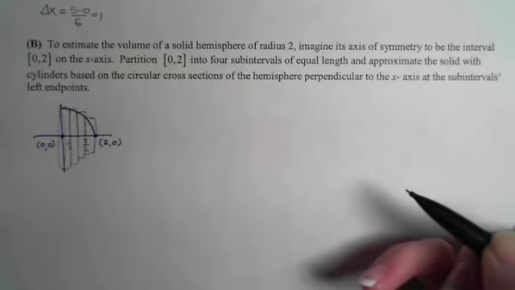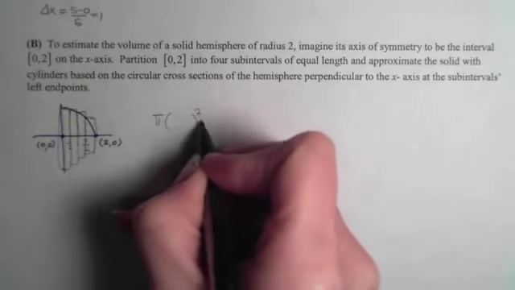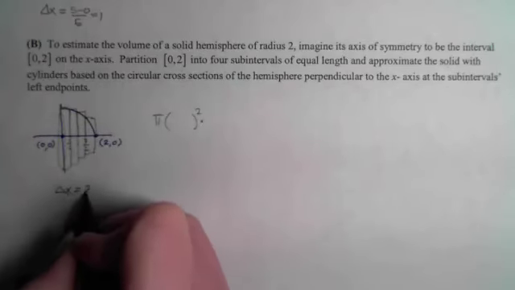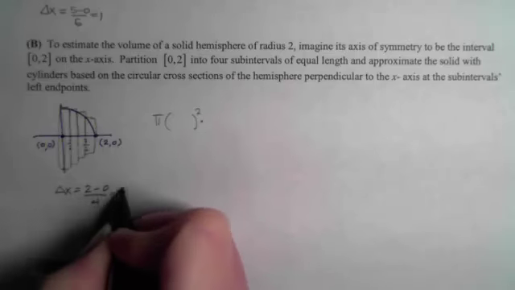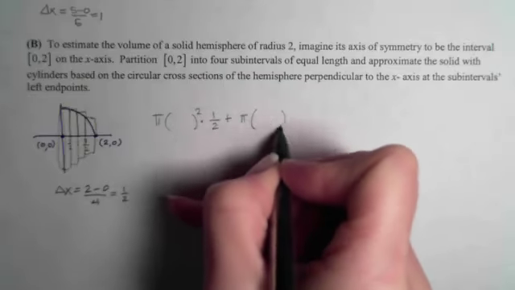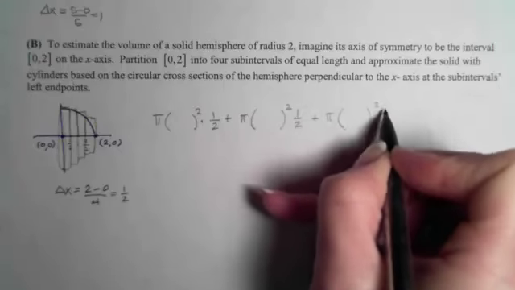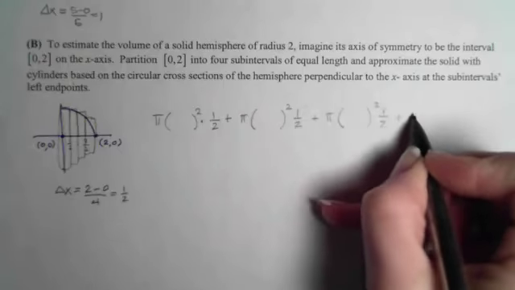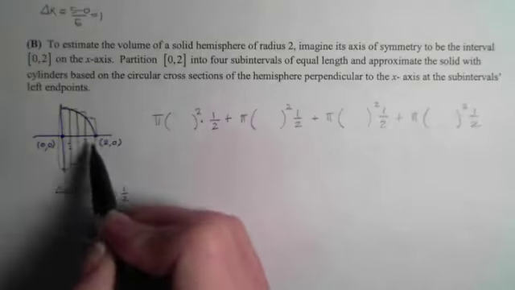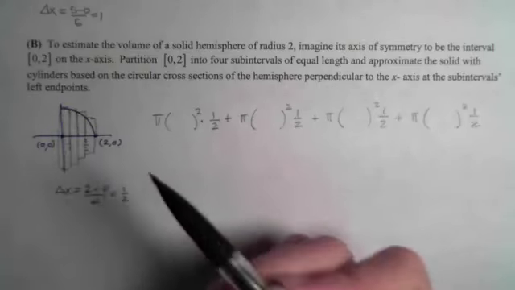Now we've got to add up each of those layers. Each layer is pi times a radius squared times a height, which in this case, that delta x, is 2 minus 0 over 4, which is 1/2. We do that for each layer. The radius is going to come from the y-coordinate for each left edge, so we need to find the equation of the curve.